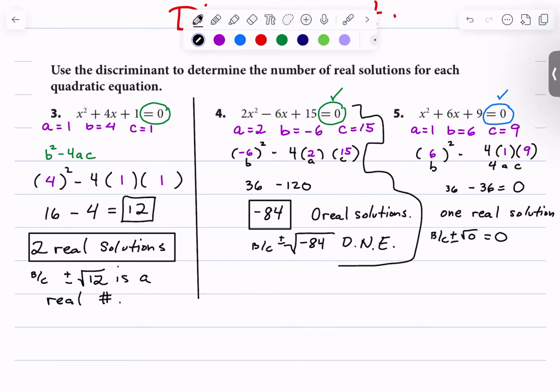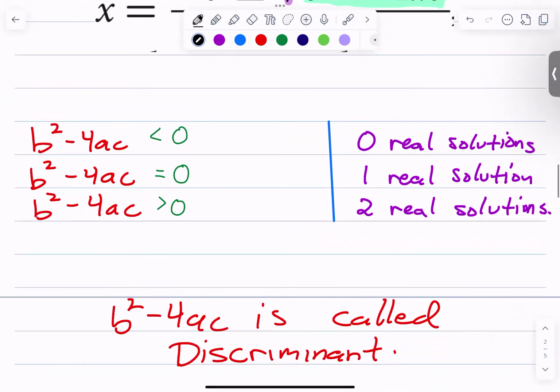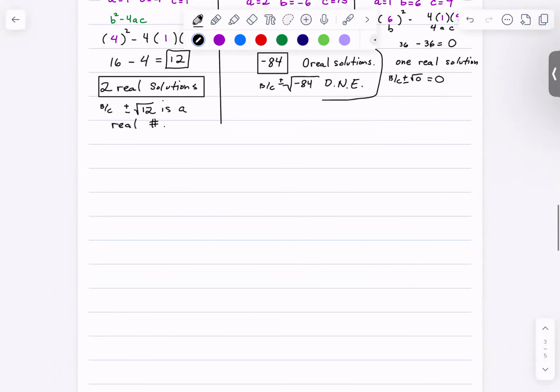So all we're doing here is we're just following the discriminant rule. And that is called your discriminant. Okay? All right.